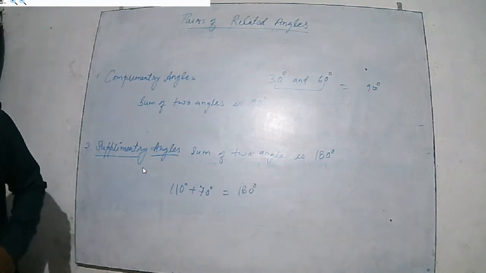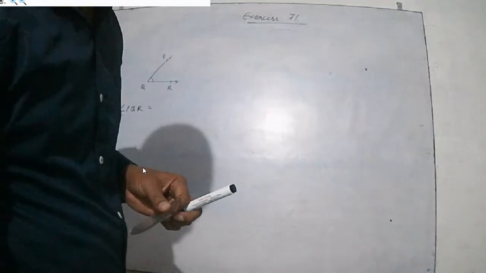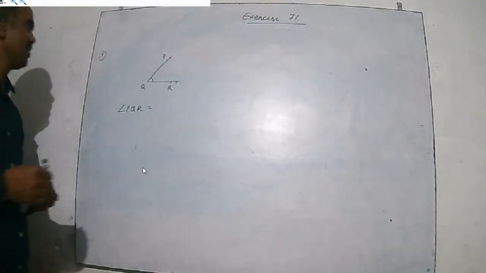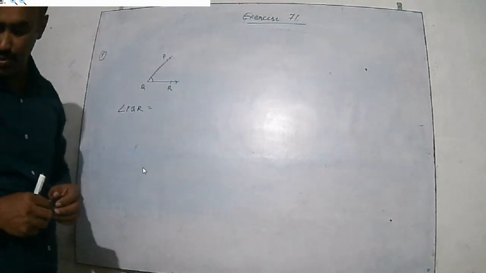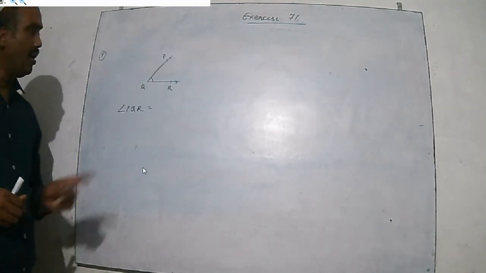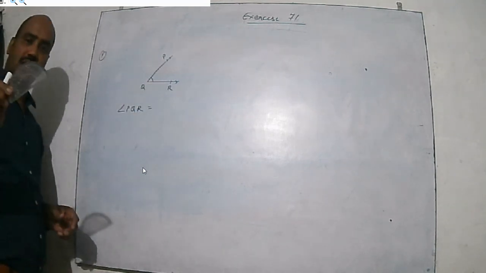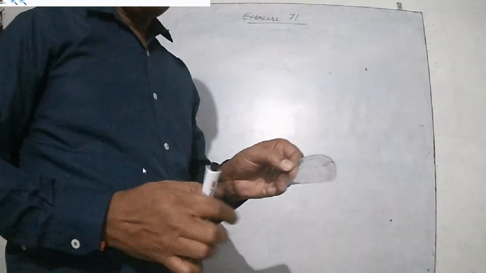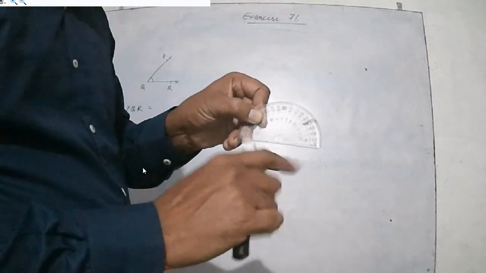Now we come to the exercise. In this exercise, the first question is: measure the following angles using a protractor and fill in the blanks. Now a figure is given here in your book. You have to use the protractor like this. Here in the downside where 0 is, this is called your baseline.